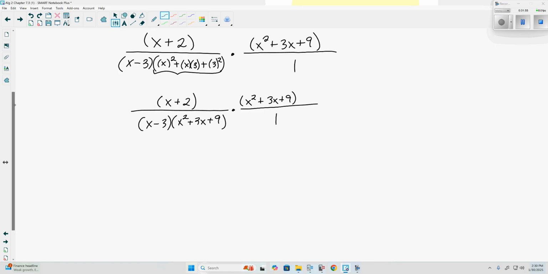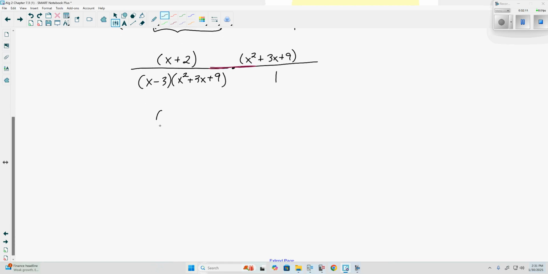So we're going to multiply them together, yes? Really, we're just making that one fraction. I mean, we could rewrite it as x plus 2 times x squared plus 3x plus 9 over x minus 3 times x squared plus 3x plus 9. But we really are just merging those two together.